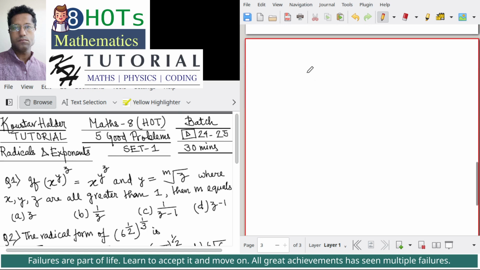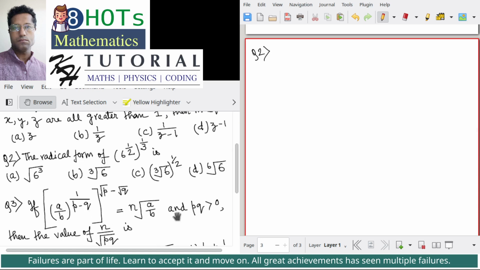Okay, let's do problem number 2. Problem number 2 says we have to find the radical form of 6 raised to the power half, and this whole is raised to the power 1 by 3. So the outer power is 1 by 3.